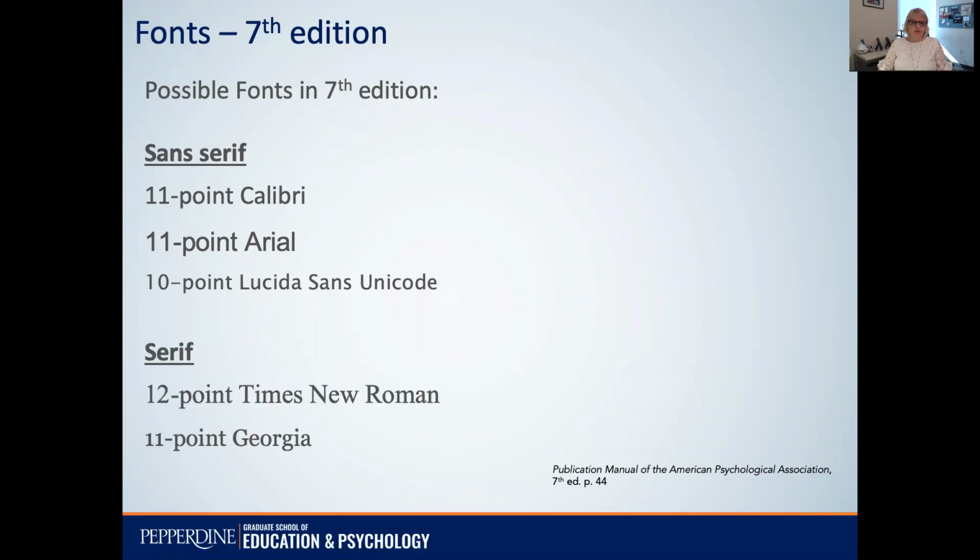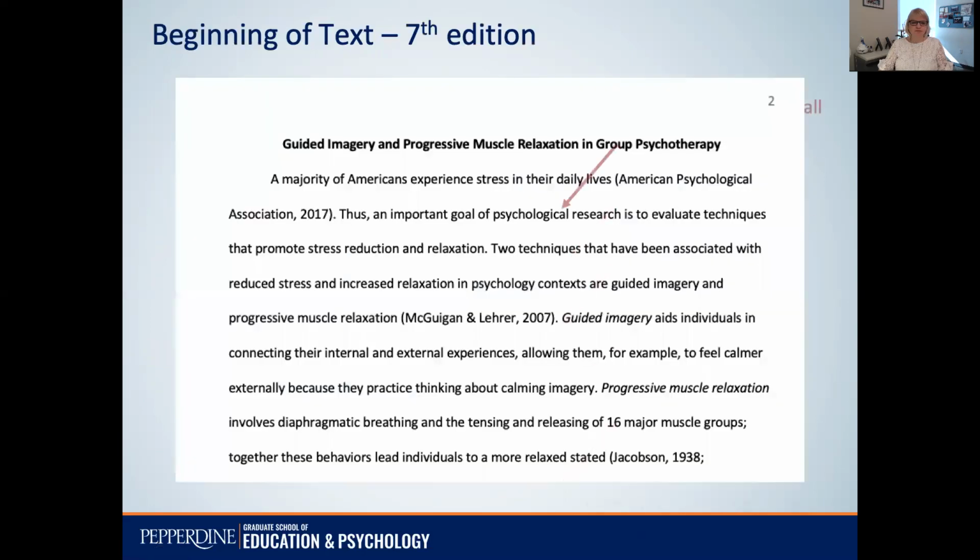And then you could still use 12-point Times New Roman, but it also gives you the option of another serif font called Georgia. So that's kind of nice, because for Microsoft Word, the default font is this first one, 11-point Calibri. So it might be something you'd like to try.